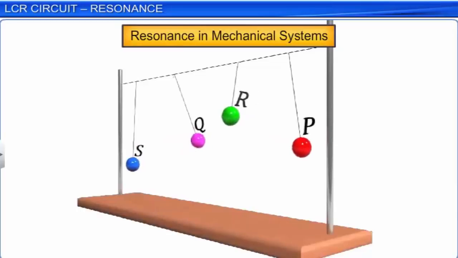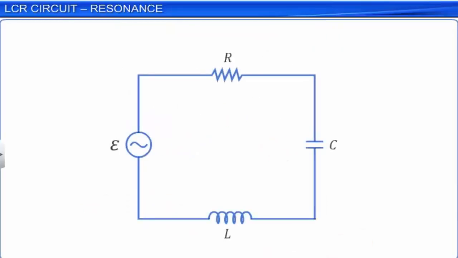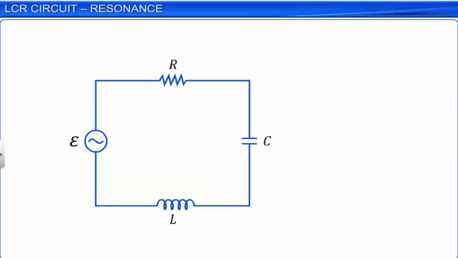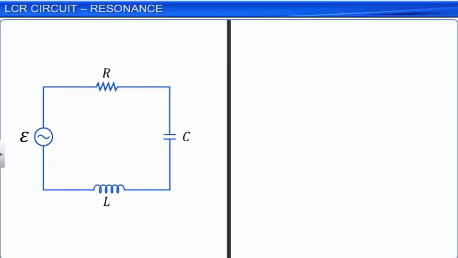Similarly, the phenomenon of resonance can also be observed in electrical systems. Let us now study about the phenomenon of resonance in an LCR series circuit. We have seen that at any instant t, the applied AC voltage is represented as V equal to Vm sin omega t, where Vm is the amplitude of the AC voltage and omega is its angular frequency.